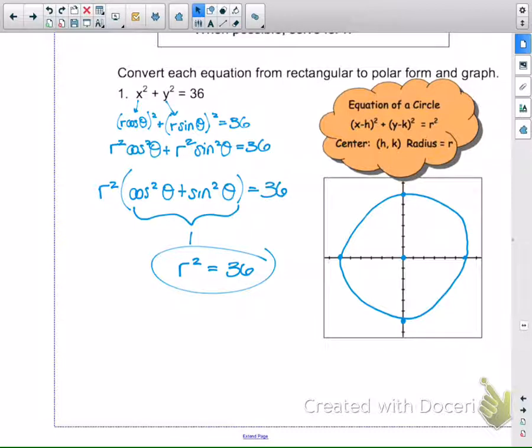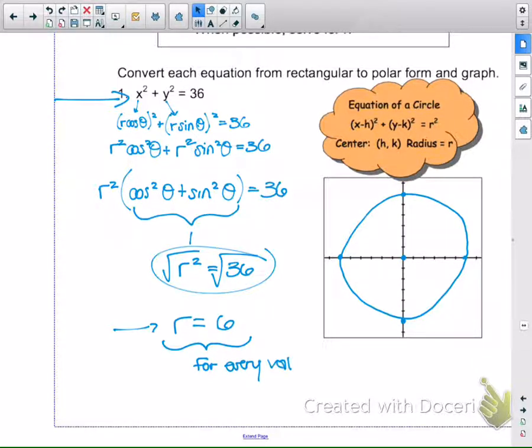So in polar, r squared equals 36. You can simplify that to what? R equals 6. That equation in polar is the same as this equation in rectangular. Because what this means in polar is your r equals 6 for every value of theta, or angle.